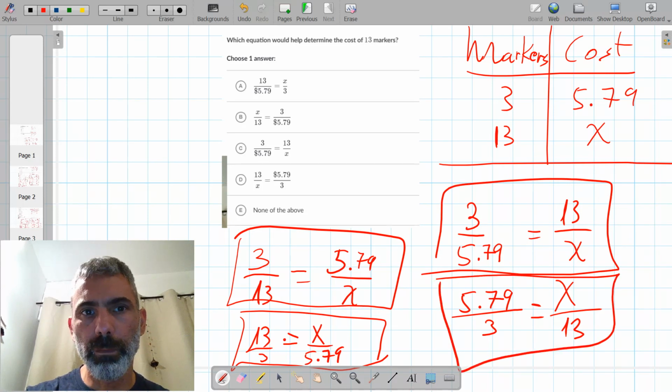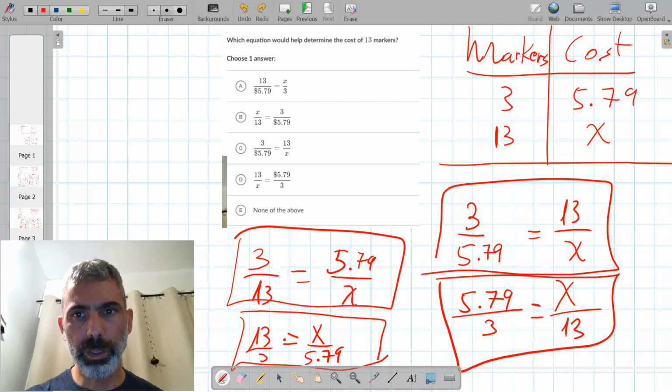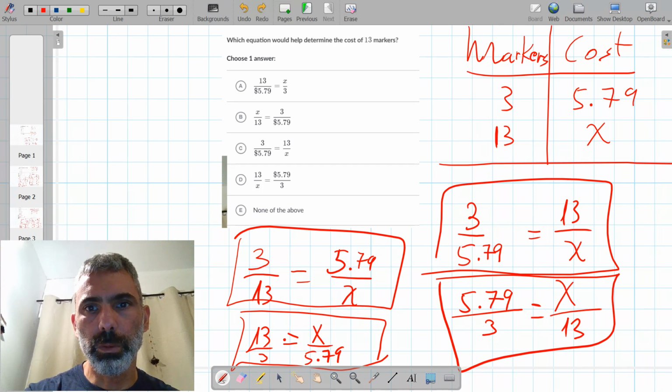Okay, here I have 13 over, so again 13 and 5.79, they crossed it. So this is incorrect. X over 13 equals 3.